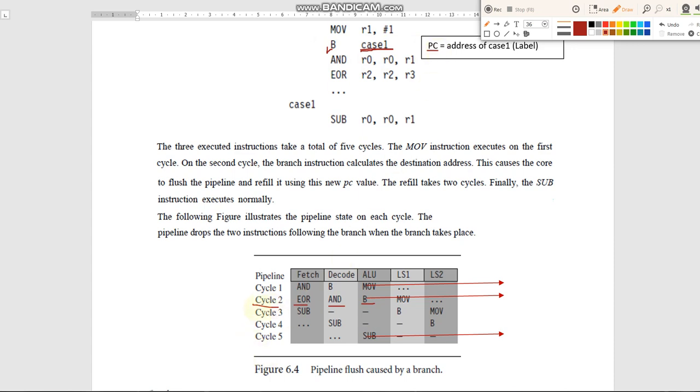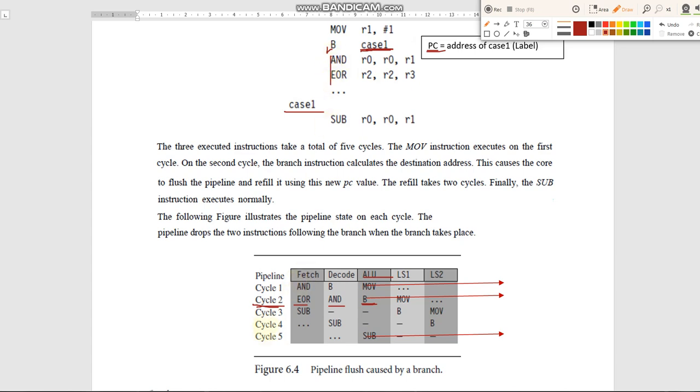At the end of cycle 2, the ALU phase of the branch instruction completes. That means the address of the program label case 1 is loaded into the program counter. Now the processor will jump to this label by skipping the execution of these two instructions.